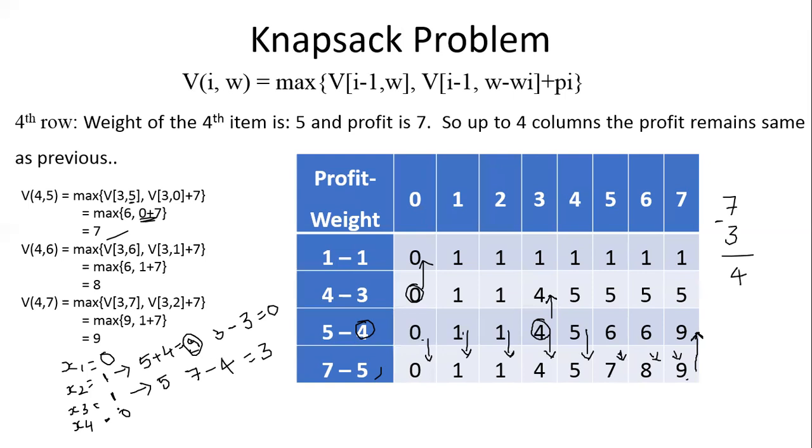And we will place x3. So weight of x3 is 4, so 0 remains. Whenever we place the second item and third item into the knapsack, we are not able to place any more. That's why x1 and x4 are not able to be placed into the knapsack.